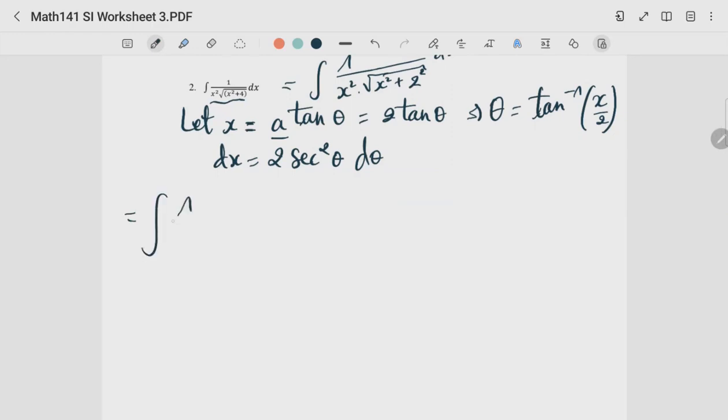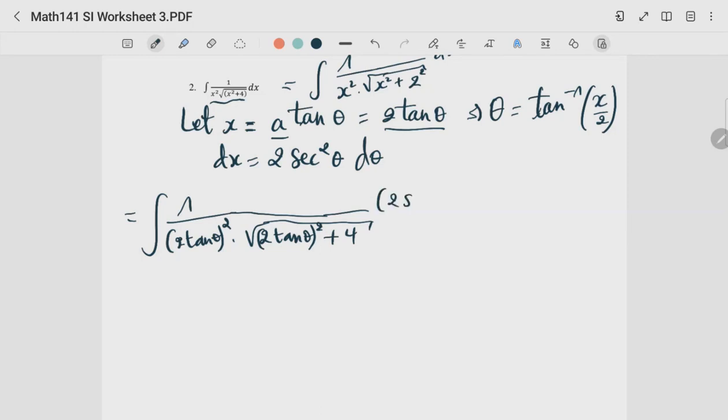We have the integral of 1 over x, we know x is 2 tan theta, so that will be 2 tan theta squared multiplied by the square root of (2 tan theta) squared plus 4. And dx is just 2 sec squared theta d theta.